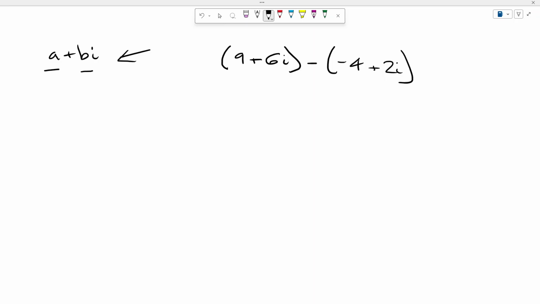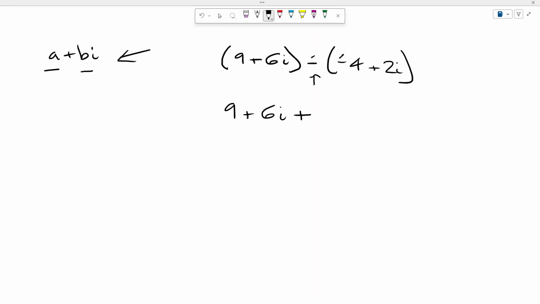So in this case, let's get rid of our parentheses. We're going to have to distribute out that minus here. This will just stay 9 plus 6i. And then we're subtracting a negative 4. If we subtract a negative, an easy way to remember is to think about the two lines coming together to form a plus sign.